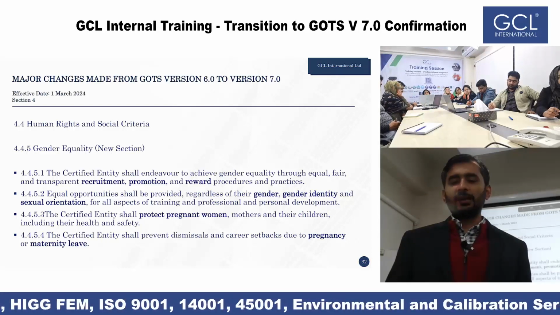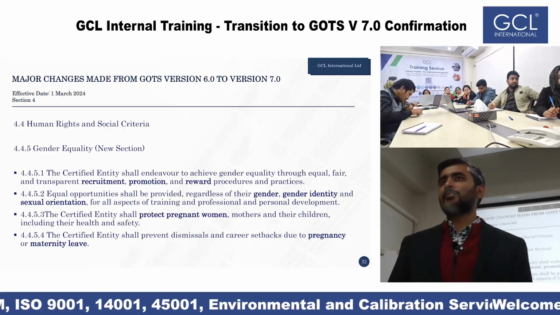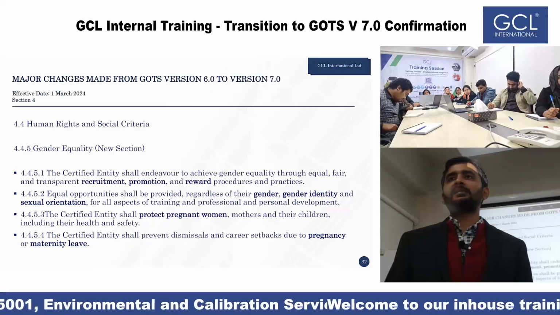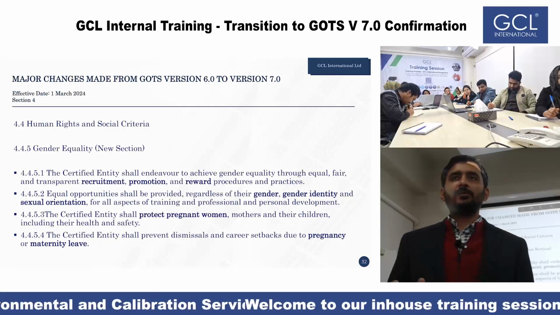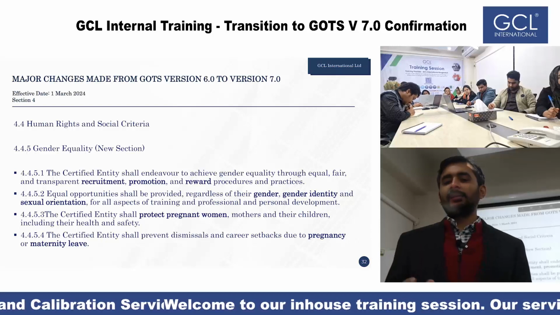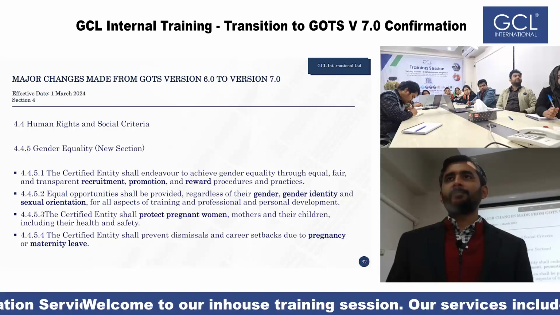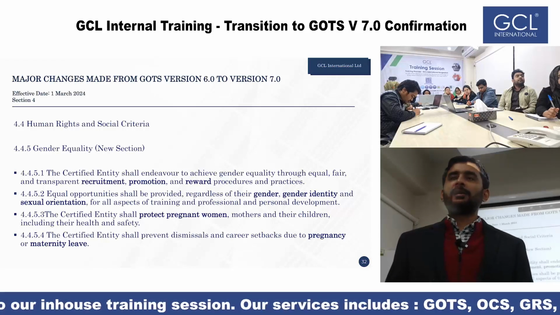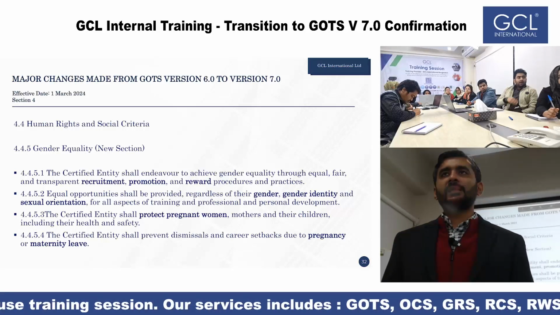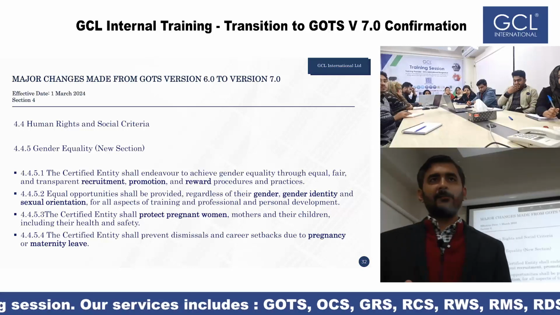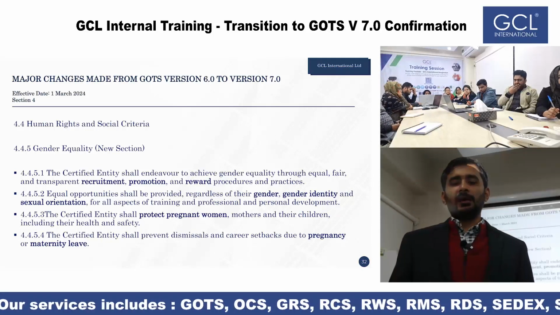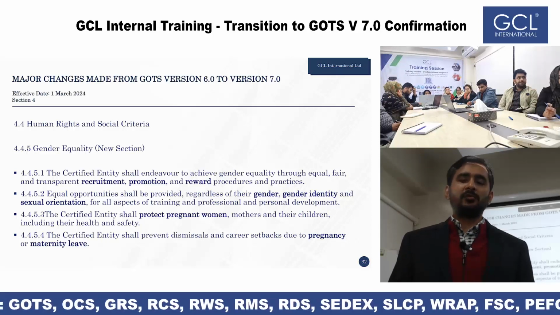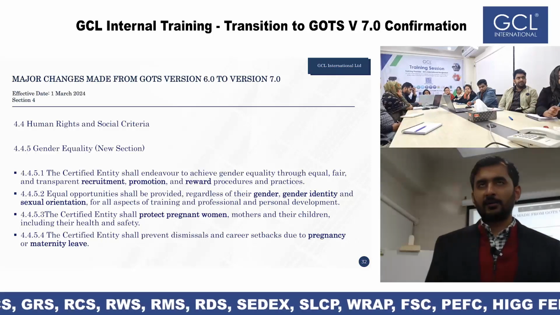In this section, they have mainly focused on the point that for any kind of promotion, reward or recruitment, a certified entity shall not consider gender. The terms they have used are gender, gender identity and sexual orientation. These shall not be considered as criteria for recruitment, promotion or reward.